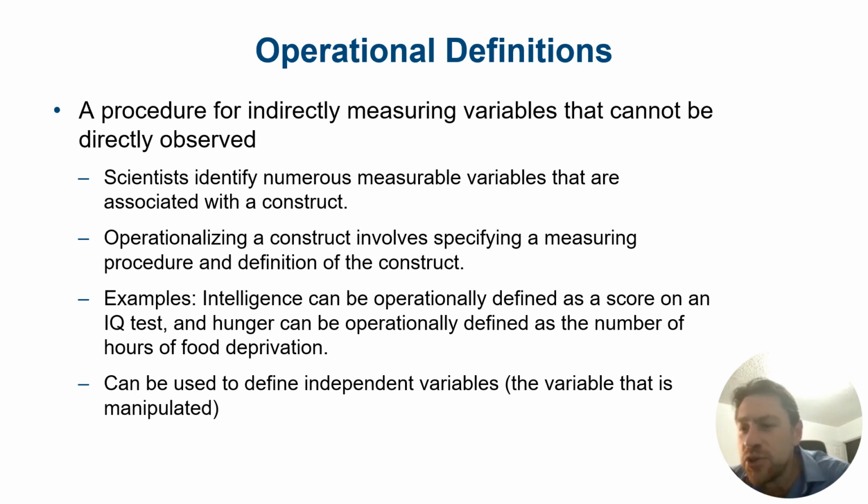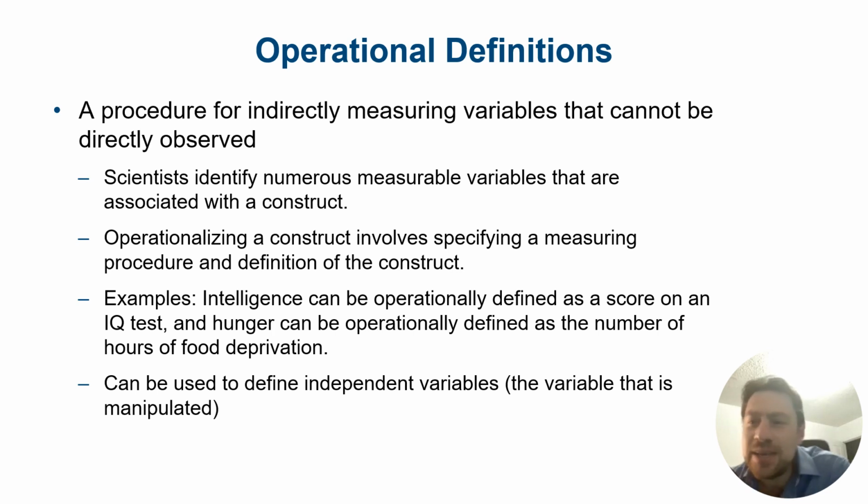Then those behaviors are measured in place of the construct as an indirect measure of the construct. So each construct that you hope to measure in your study will require an operational definition. So operationalizing a construct means defining it in such a way where a measurement can be collected.